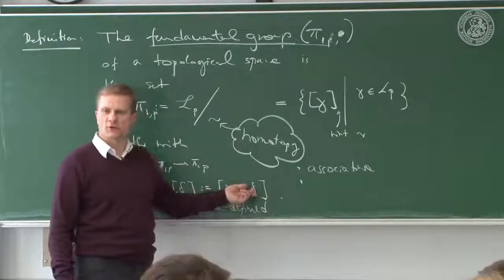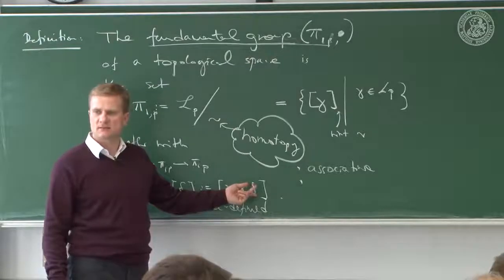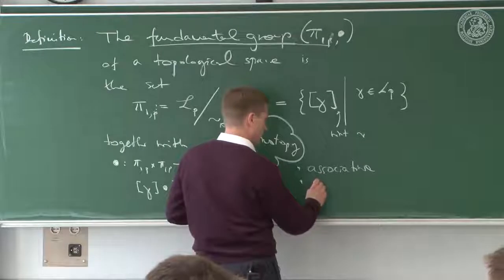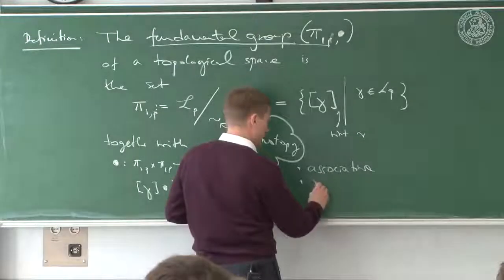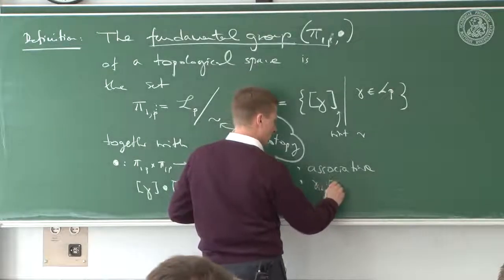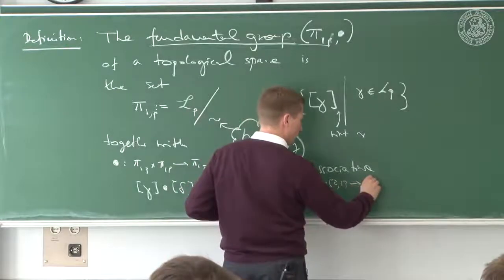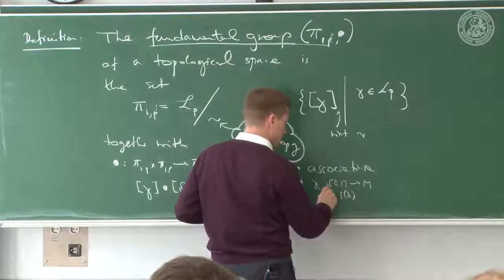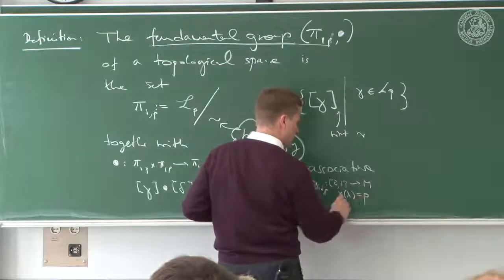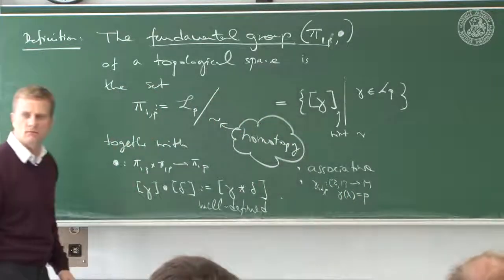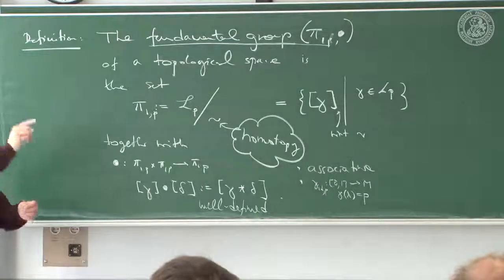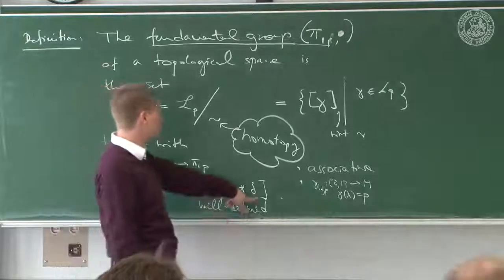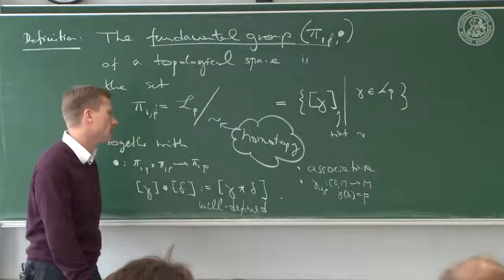Well, it's the constant curve that always stays where you started. So the identity curve gamma is the curve from 0 to 1 to M, where gamma of lambda, at the point P, is always the base point P. You can concatenate that with the other, you get the same curve, at least under homotopy.